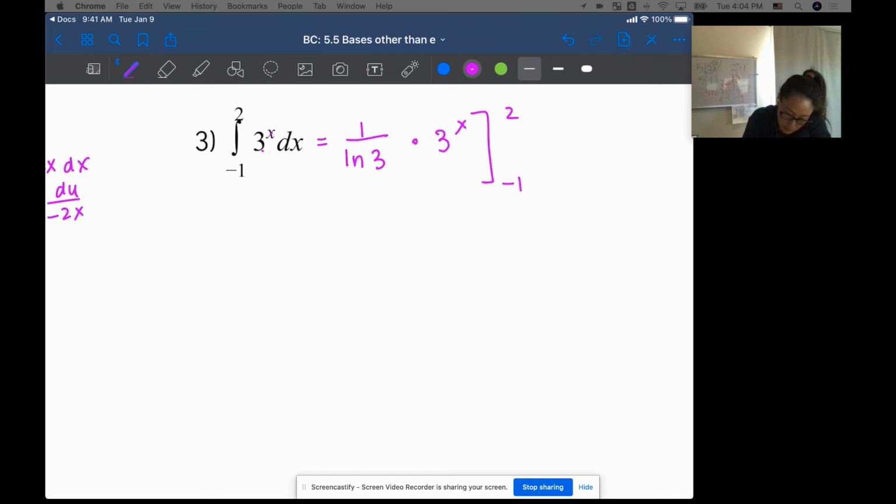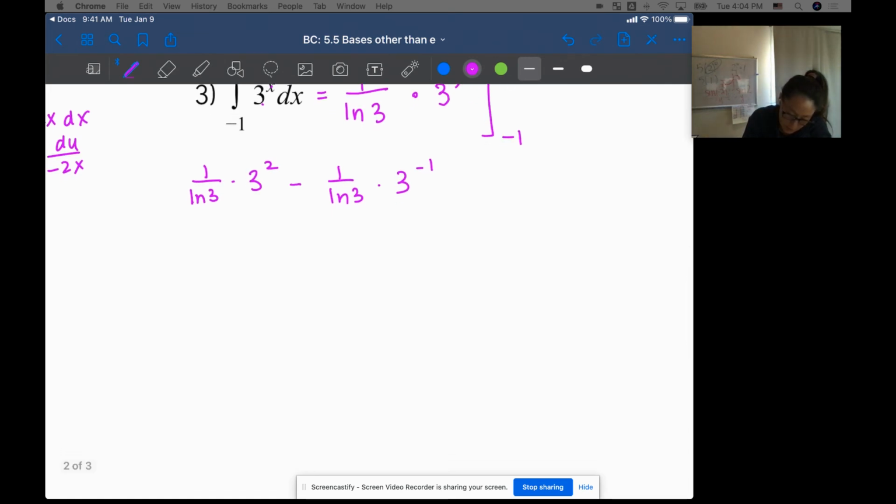All right, so I'm just going to plug it in. 1 over ln 3 times 3 to the 2 minus 1 over the ln of 3 times 3 to the negative 1. So I'm going to simplify. I get 9 over the ln of 3 minus 3 to the negative 1 is going to go to the denominator. So 1 over 3 ln of 3.